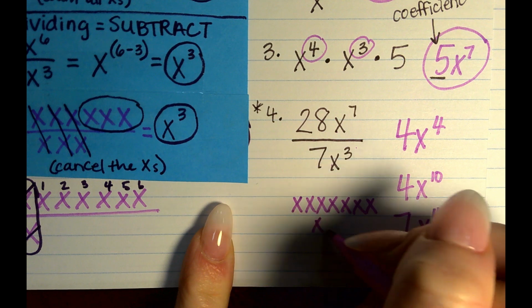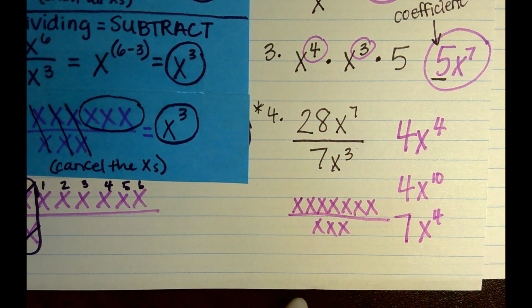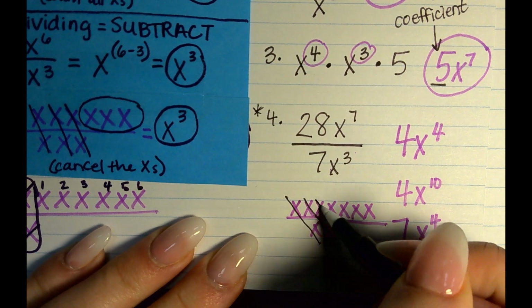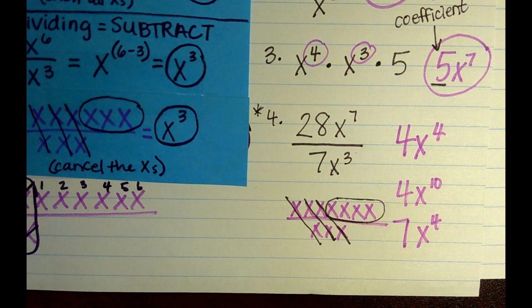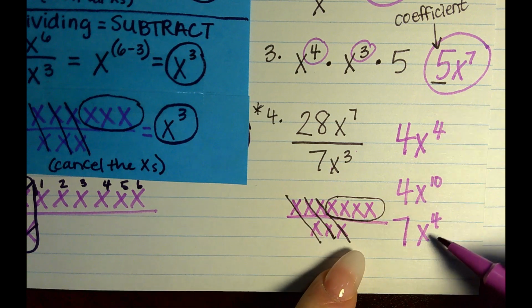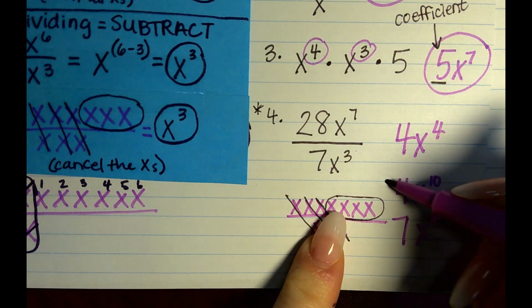And then 1, 2, 3. So let's see. I can cross out 1x, 2x, 3x, and I'm left with how many? 4. So I know that this is probably going to be one of my answers: 4x to the 4th power or 7x to the 4th power.